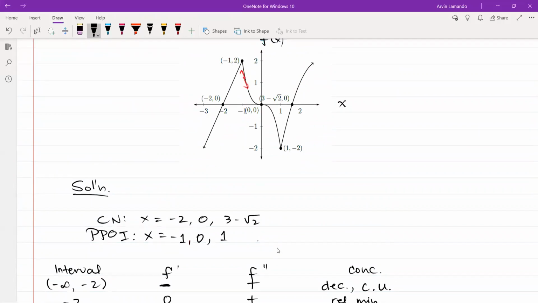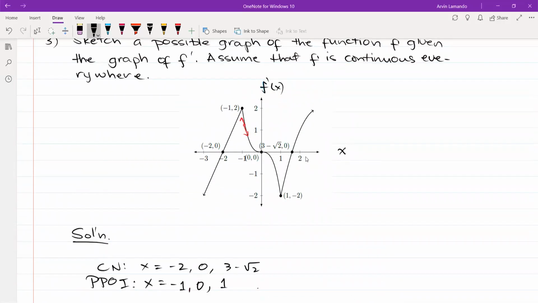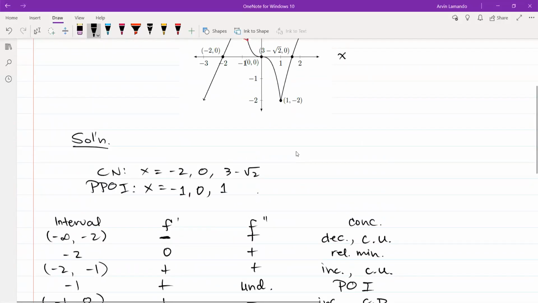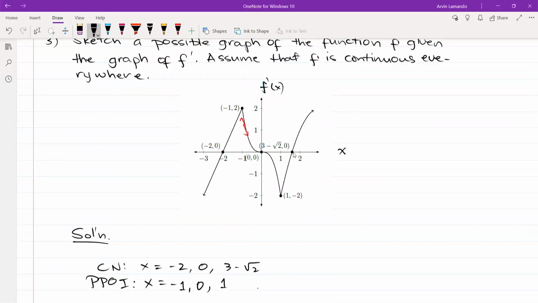1, 2, 3 minus square root of 2. So this is still negative, f prime. F double prime is positive. So this is a point of inflection, decreasing, concave down. At 3 minus square root of 2, f prime is 0, f double prime is positive, so the tangent lines have positive slope.